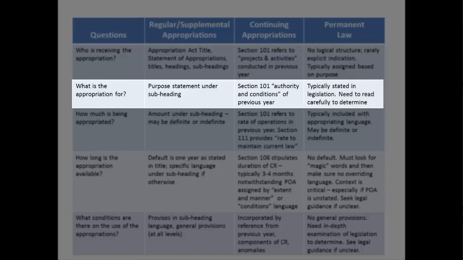In permanent law, the purpose is typically stated in the legislation appropriating the funds. But you may have to read the legislation very carefully to figure this out. Keep in mind that language that we saw in Module 1, like for carrying out and for necessary expenses or for making payments and so forth, will also help us here.